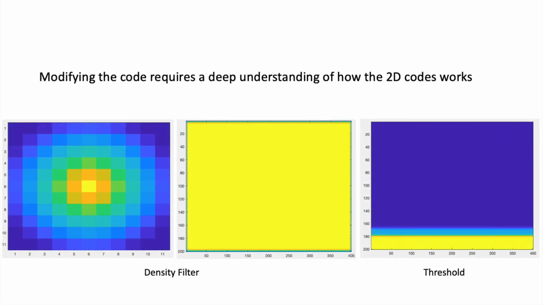In order to turn the 2D code into 3D, I needed a really good understanding of what the initial 200 lines of the code did. So I had to individually dissect the whole code, all the matrices and all the different commands and functions in there, to deeply understand what's going on, so that when it comes to modifying the code, I'm able to do it more efficiently.